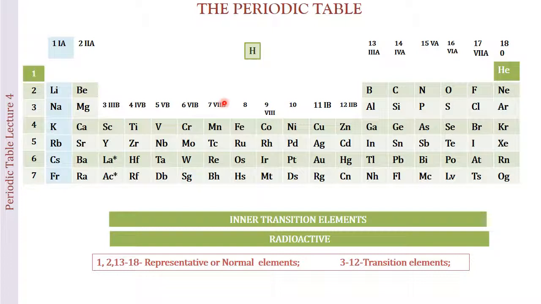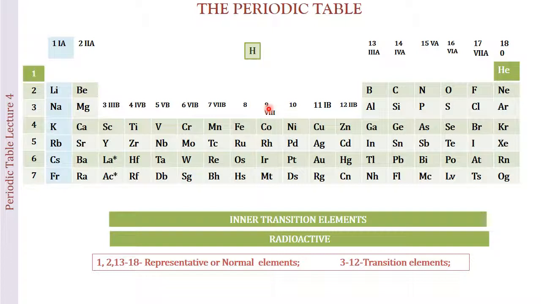Now the 8th group of Mendeleev will start with the 8th group of the modern periodic table. 8, 9, 10 are 8 A, B, C of Mendeleev. Now left is only 1B and 2B, which is 11 and 12. I hope this is clear how the Mendeleev groups are placed in the modern periodic table.